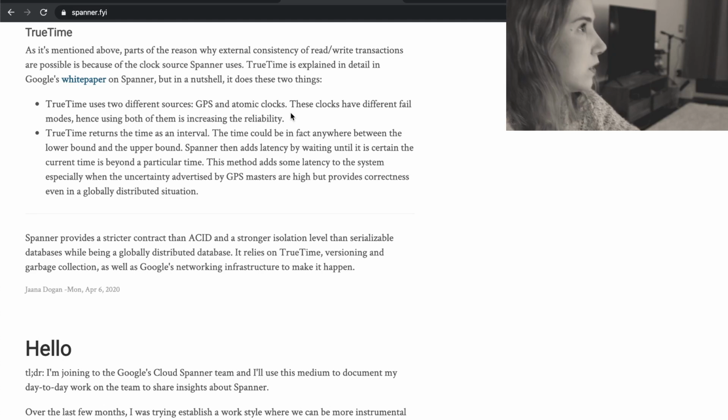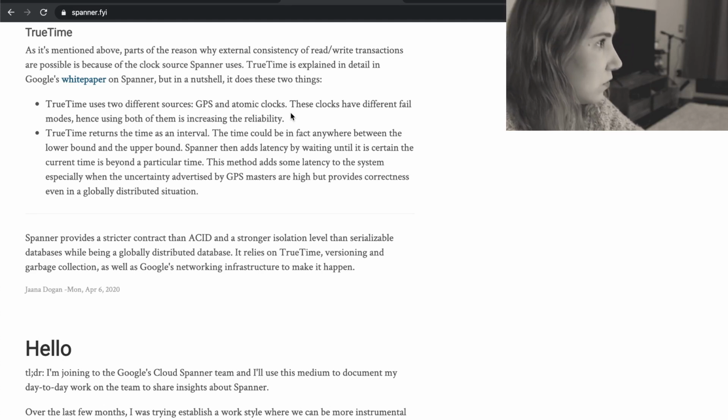And what is interesting about TrueTime is that when you ask what's the time, it doesn't return you the current timestamp. It tells you the time might be somewhere between this and this. So it gives you some sort of interval. And if you want to have certainty, you can wait until the upper bound. So any Spanner instance can say, let's delay everything just a bit, just to be certain that the time is after this, and so on.